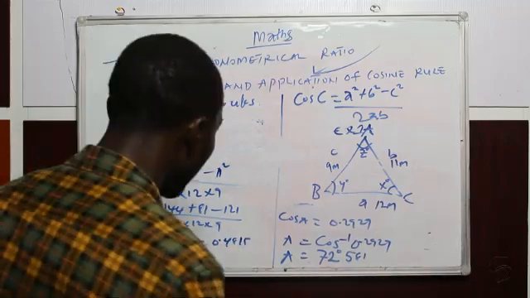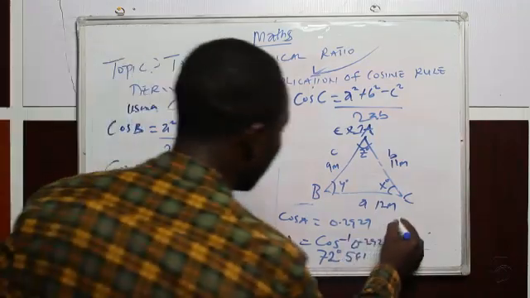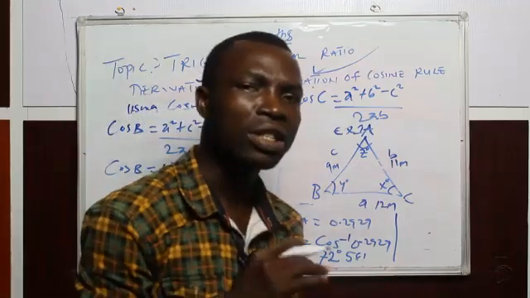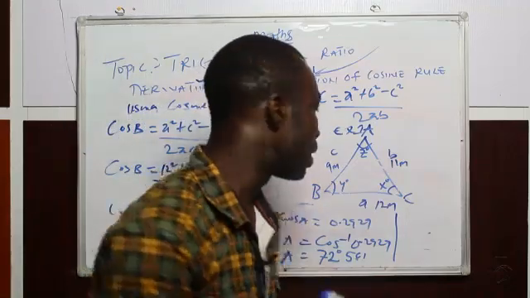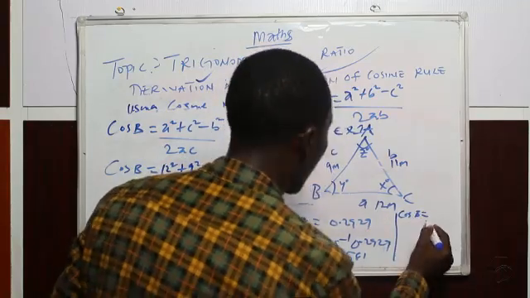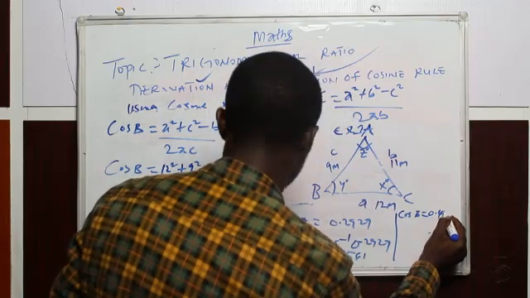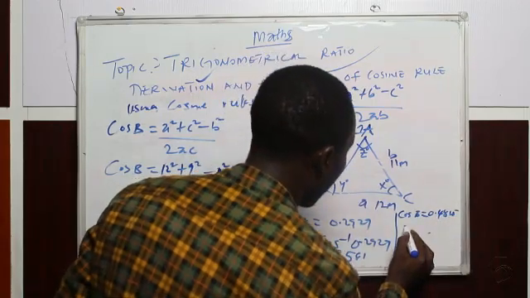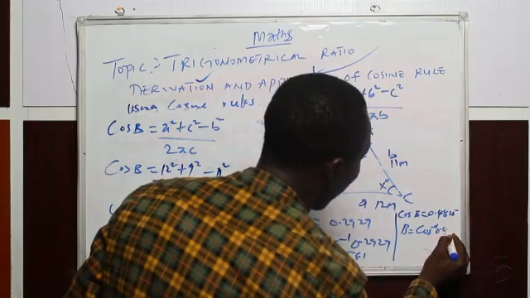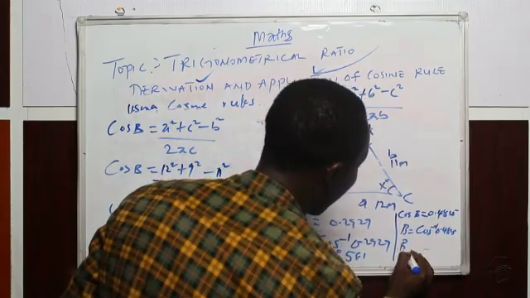Now, the same method that we used that time, I want you to use that method. Press second function and press cos. That is, B is equal to arc cos of 0.4815.